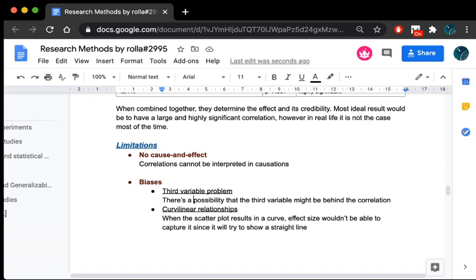You still cannot really conclude a lot of things unless you do more experiments to make sure that you have a highly significant correlation.